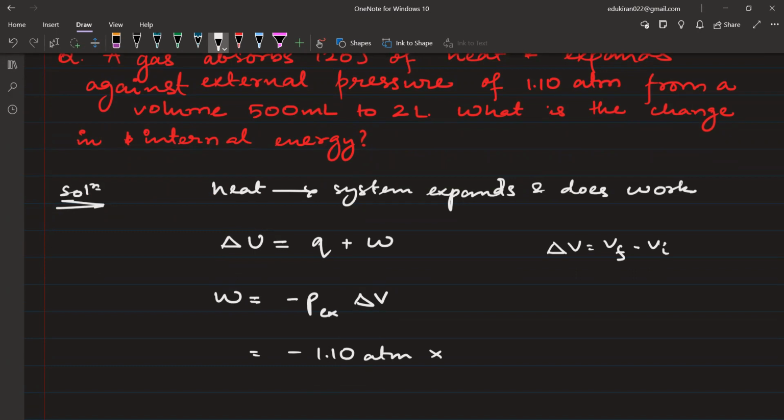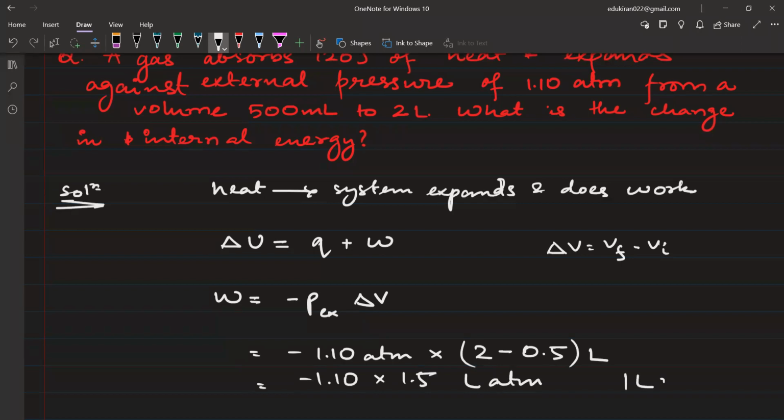In liters, it is going to be 2 minus 0.5 liters. And this is going to be equal to minus 1.10 into 1.5 liter ATM. Okay. And 1 liter ATM is equal to 1 joule. Remember this conversion? 1 liter ATM is equal to 1 joule.